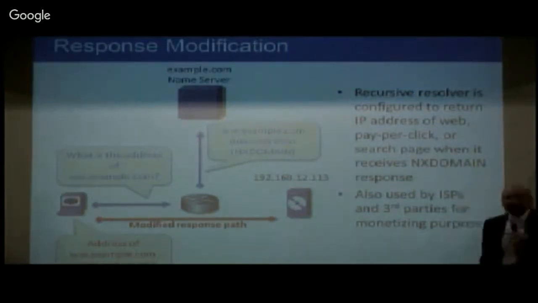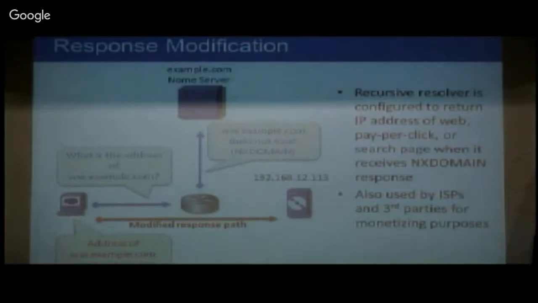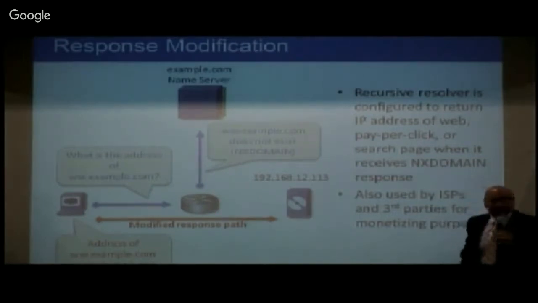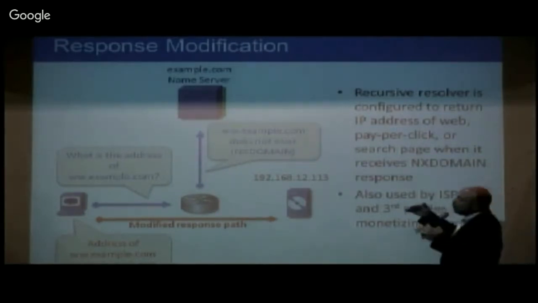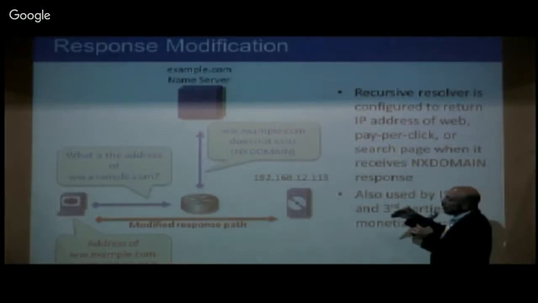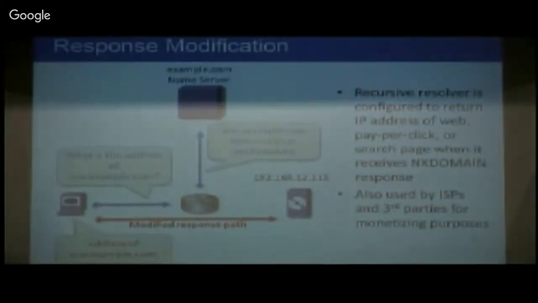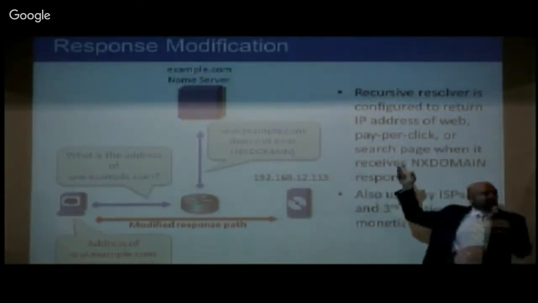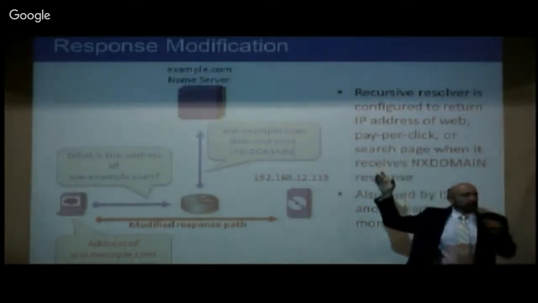Unfortunately, there's a growing market for helping people solve errors. And solving errors in the domain name system can have some negative consequences. One of the things that has been a target for what's called monetization, getting money out of logging or other information, or redirection, is that certain ISPs will partner with an organization.